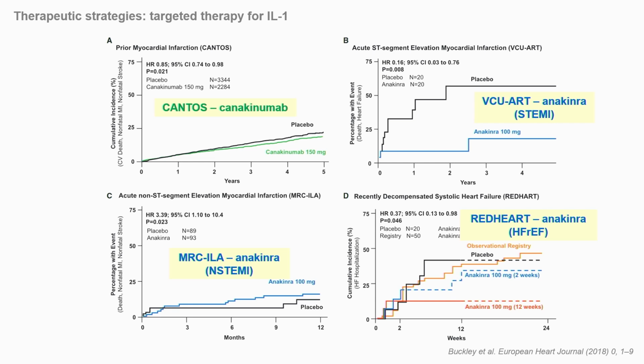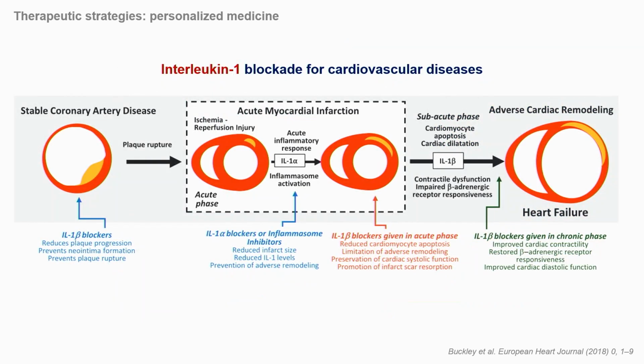Since the advent of the CANTOS trial, many other trials have taken place to assess the blockade of interleukin-1 for cardiovascular benefits. These are some of the studies that studied the effects of anakinra in STEMI, non-STEMI, and HFrEF patients. Pathophysiologically, the coronary artery is also an artery which is susceptible to inflammation.